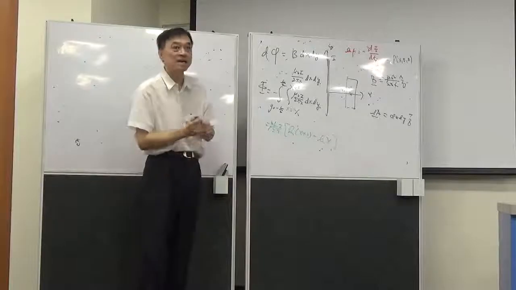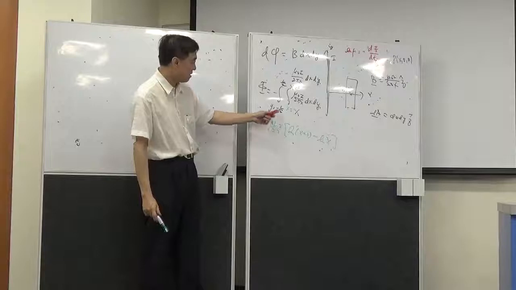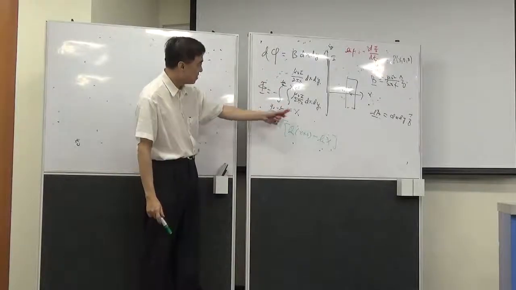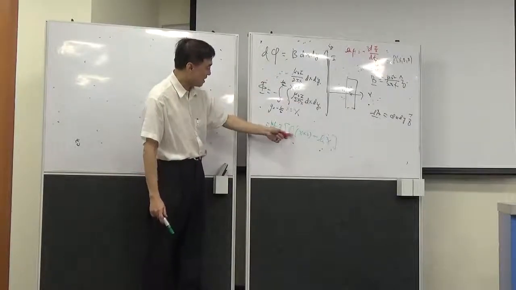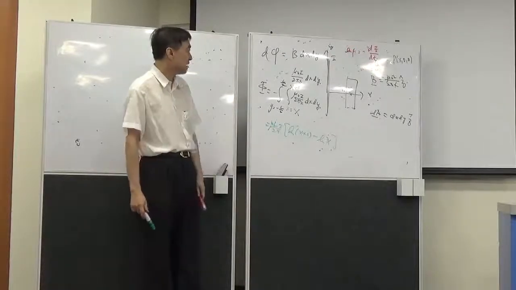Am I correct? Something like that. Integrate with respect to y, so it becomes L, and then 1 over x becomes log x. So it's something like this. Okay? So this is phi.